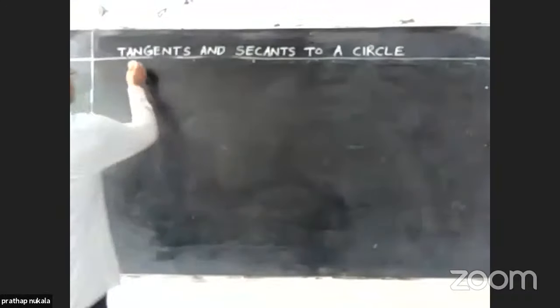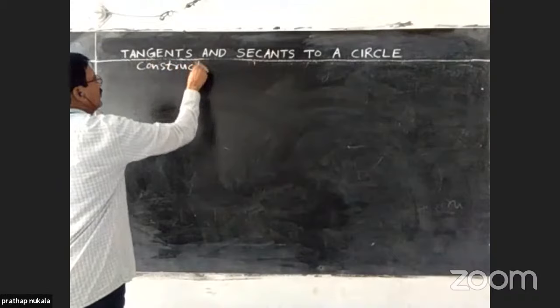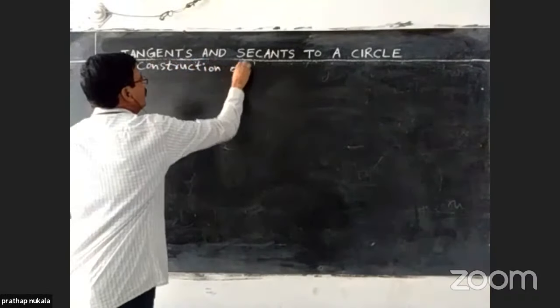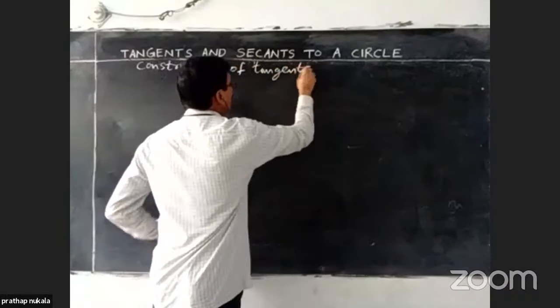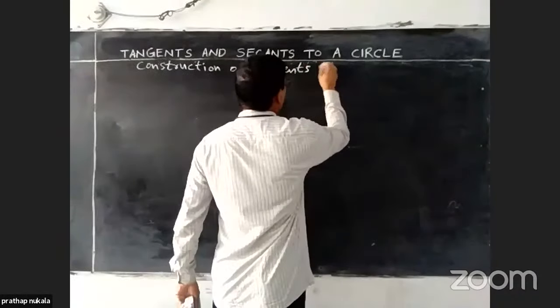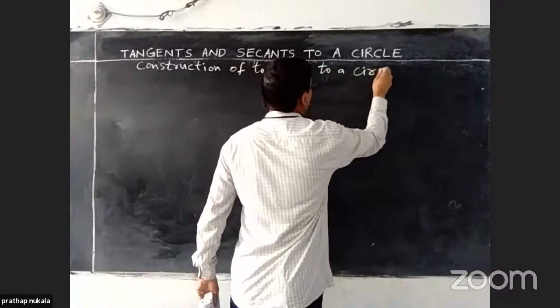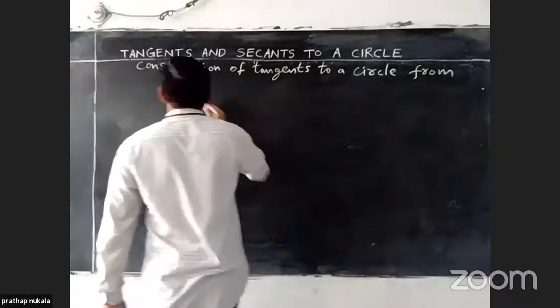Construction of tangents to a circle from an external point.